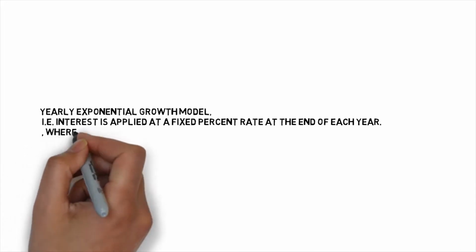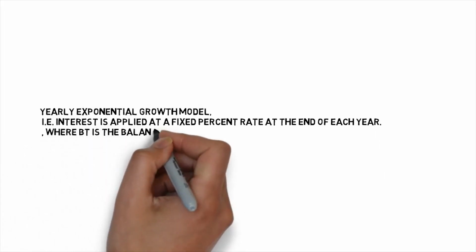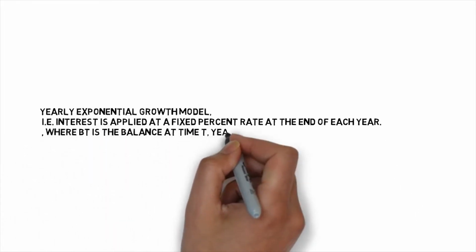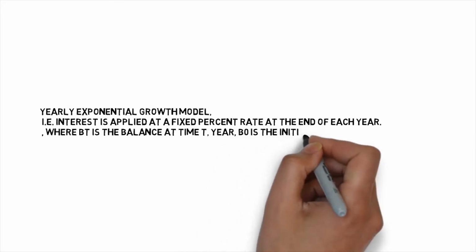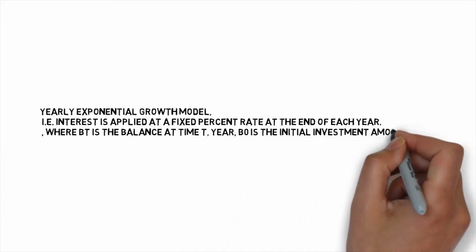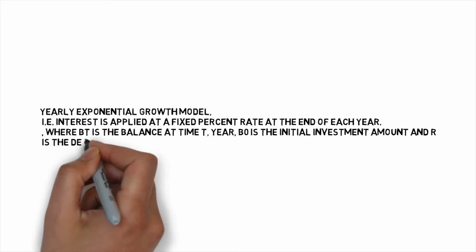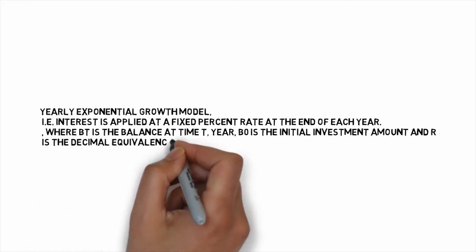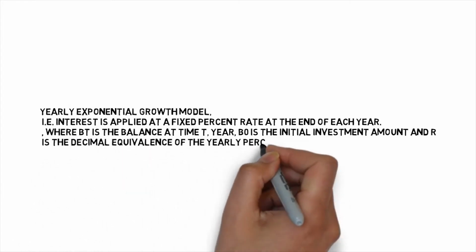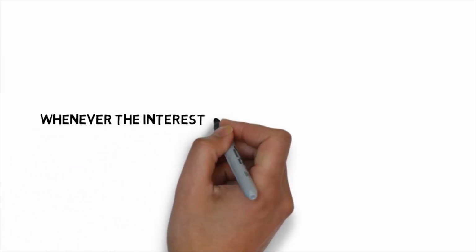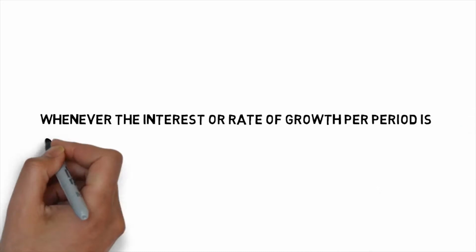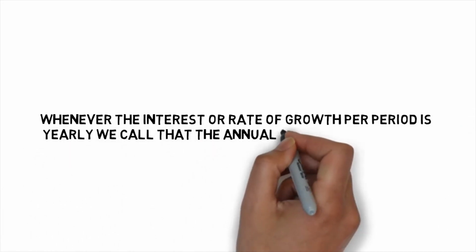B_T equals B naught times the product of 1 plus R to the power of T, where B_T is the balance at time T, in years, B naught is the initial investment amount, and R is the decimal equivalent of the yearly percent rate. Whenever the interest or rate of growth per period is yearly, we can call that the annual rate or nominal rate.